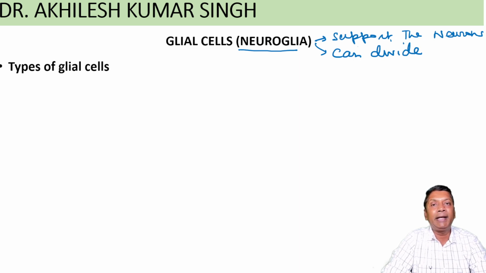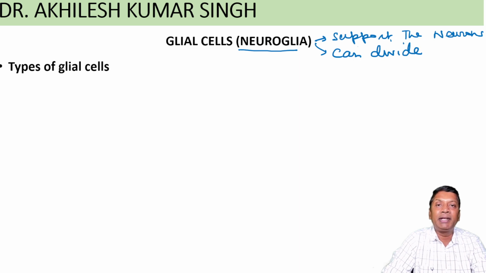So other neurons do not divide. If you read about the tumors of the central nervous system, most of the tumors originate from the glial cells or the neuroglia.